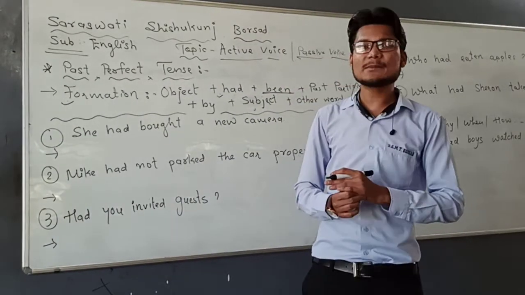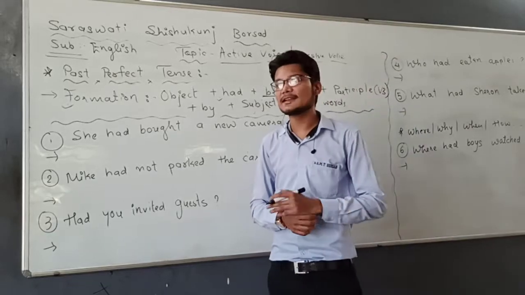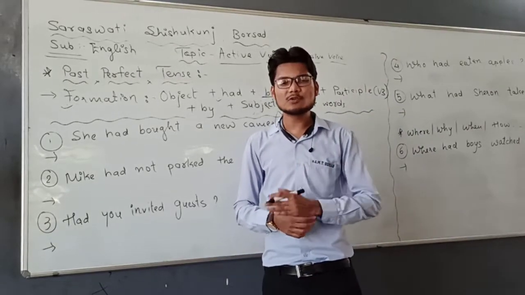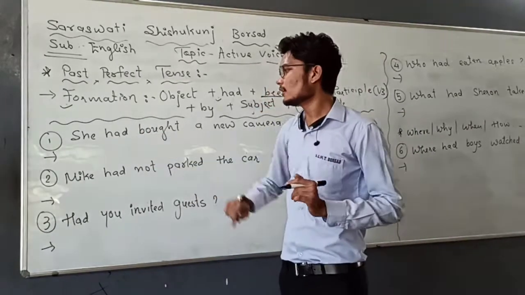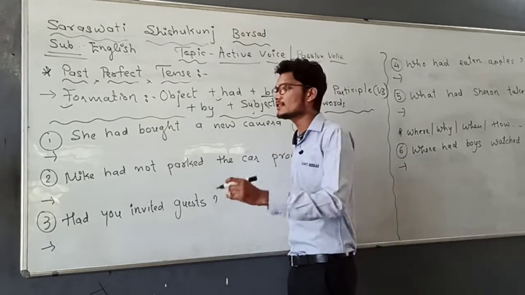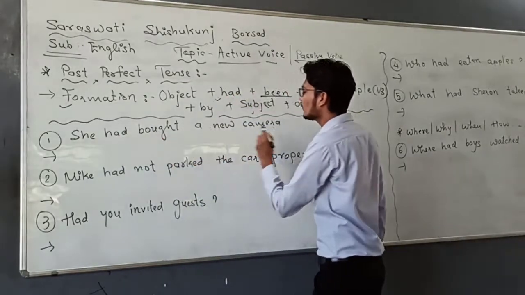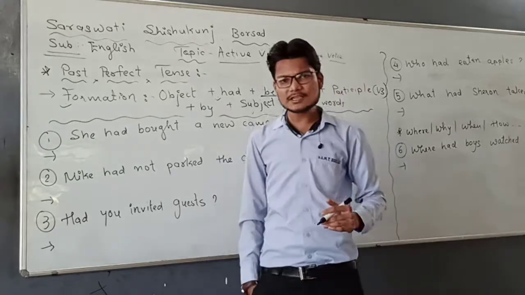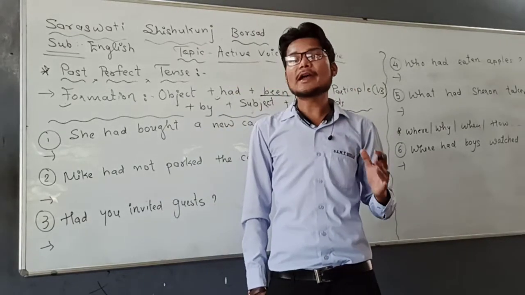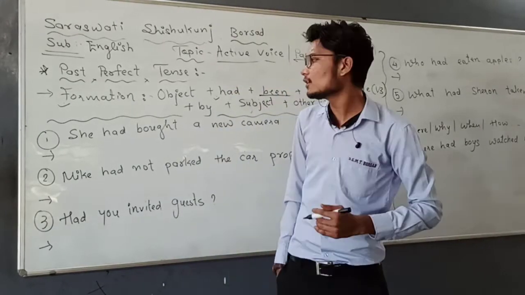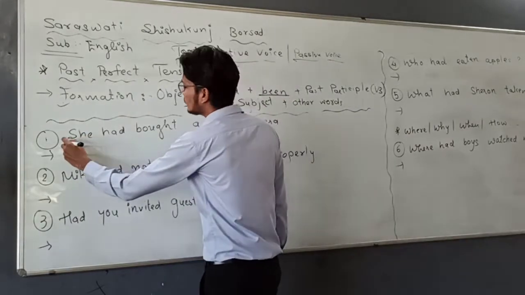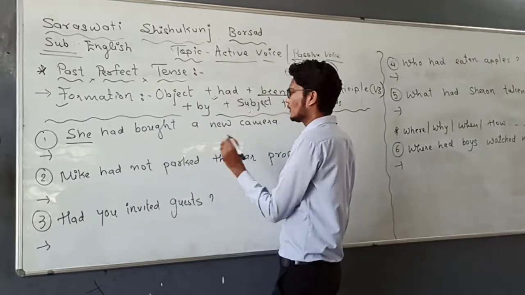Now let us take some examples so that you can get some idea how the changes are going to take place. The very first sentence: she had bought a new camera. Firstly, let us identify the subject, verb and object. Here your subject is she. What is your verb?